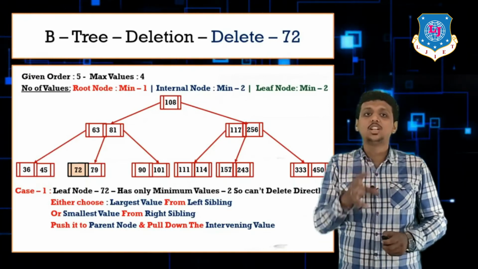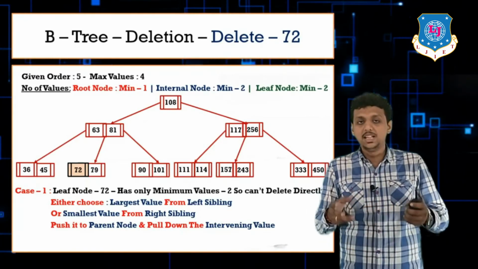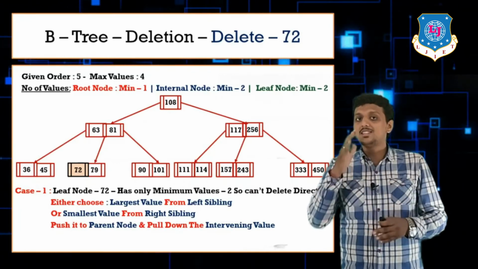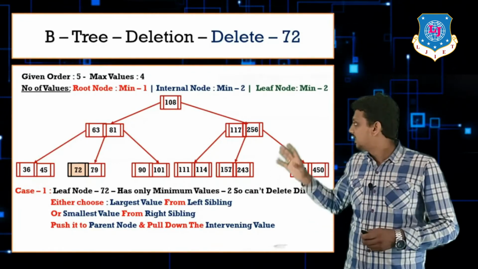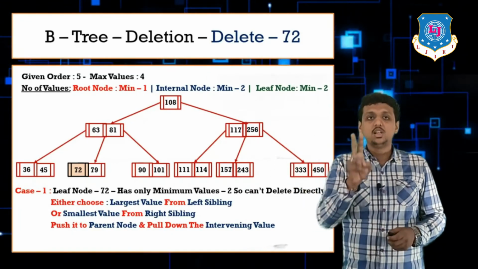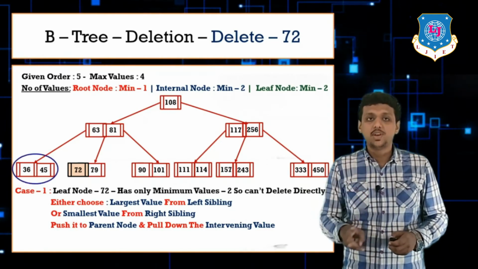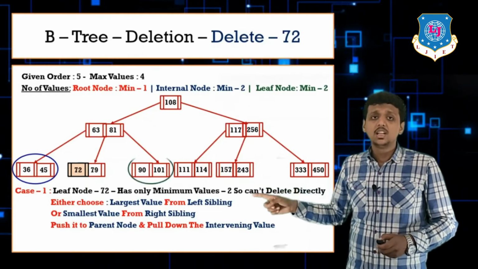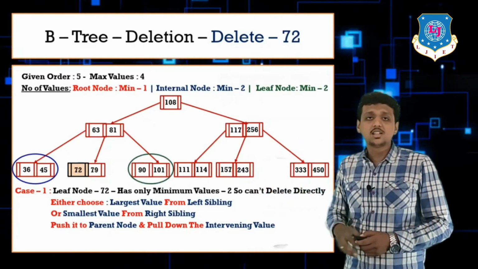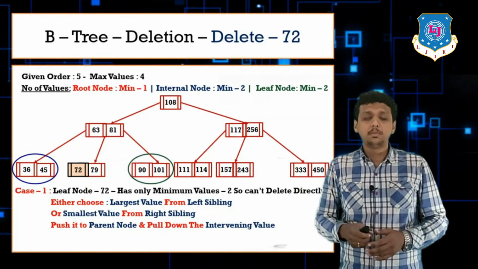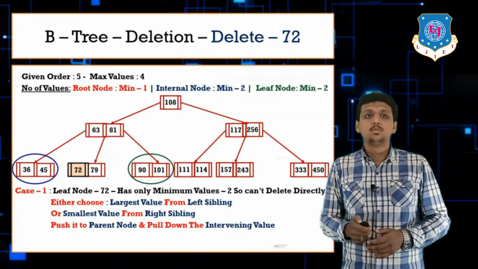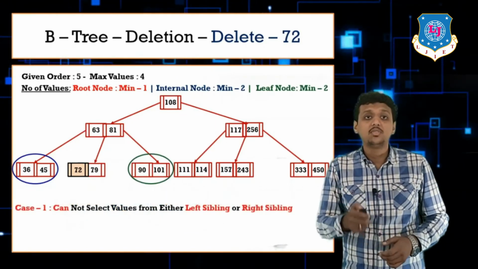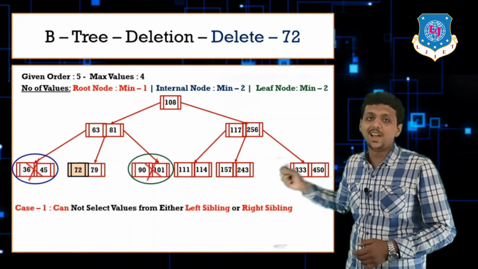That means in case number 1, condition 2C is satisfied, because the left sibling and the right sibling do not have more than the minimum number of key values.